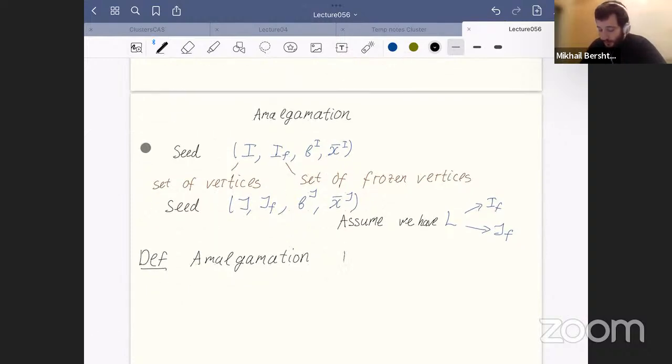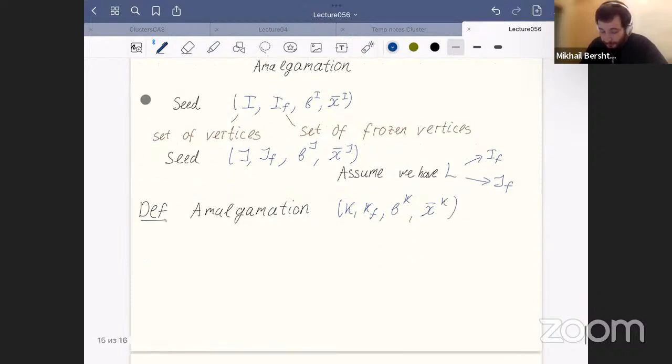So we have K, a seed K, K_F, where the set K is I union J glued by L. So I take the disjoint union of the sets of vertices I and J, but I glue them via L.